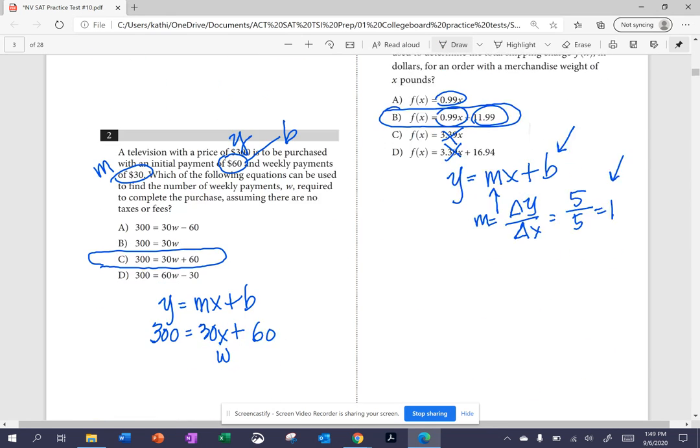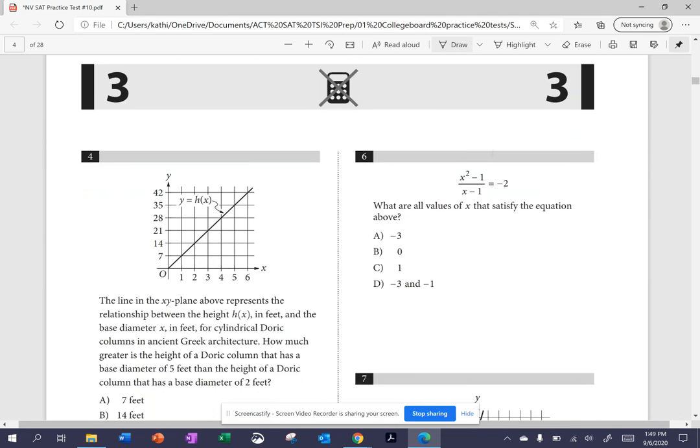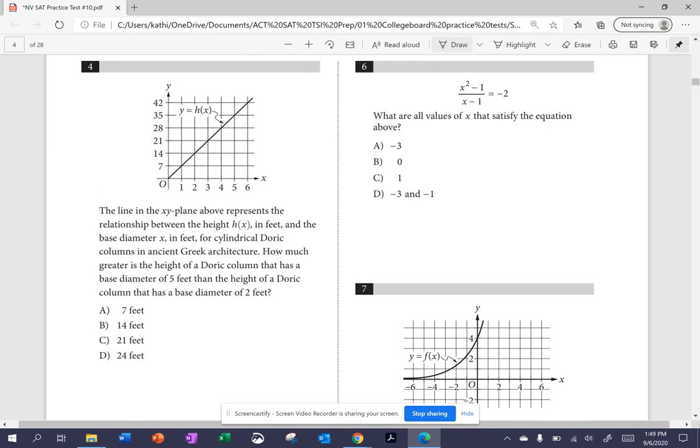All right, let's try the next one. Number 4. The line in the xy plane represents the relationship between the height, y in feet, and the base diameter, x in feet, for the cylindrical Doric columns in ancient Greek architecture.